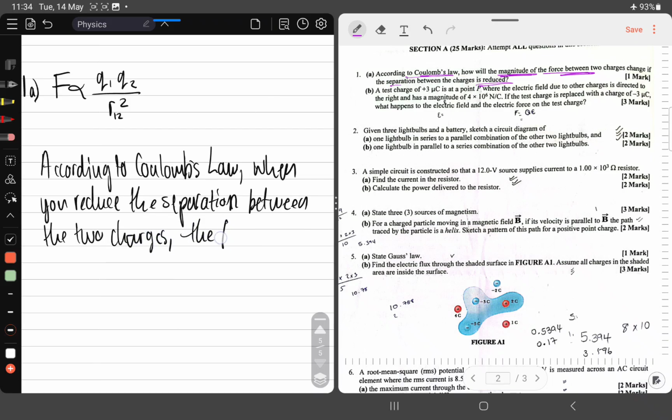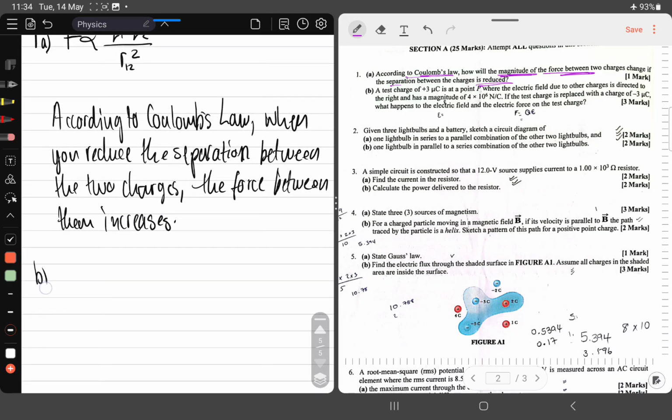The force between them increases. Then we go to part B.